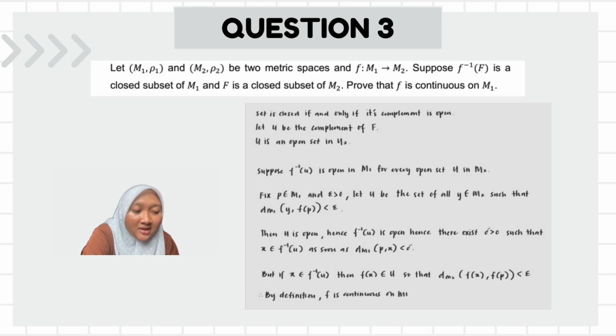Hence there exists delta greater than 0 such that x is in the preimage of U under f as soon as rho 1 of p and x is less than delta. But if x is in the preimage of U under f, then f(x) is in U, so that rho 2 of f(x) and f(p) is less than epsilon. So by definition, f is continuous on M1.